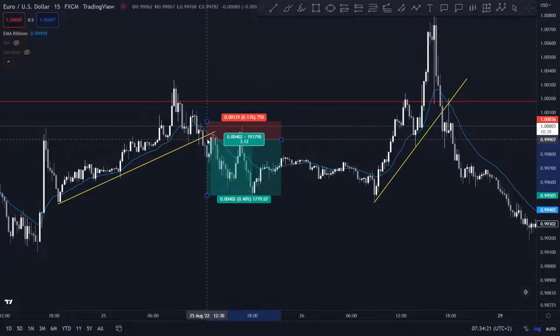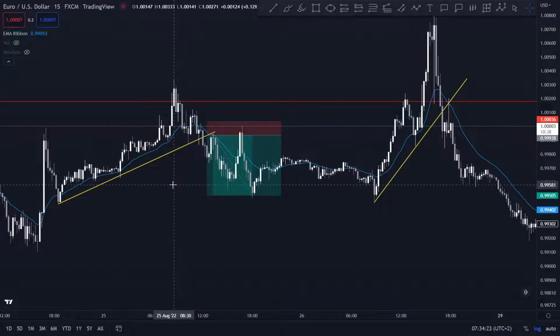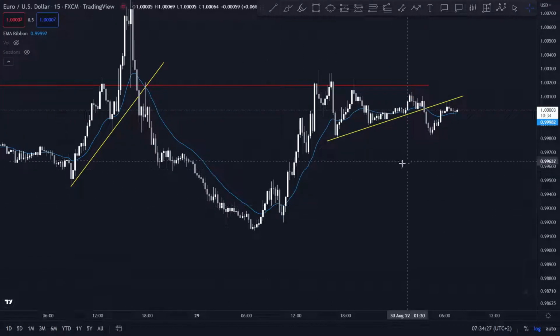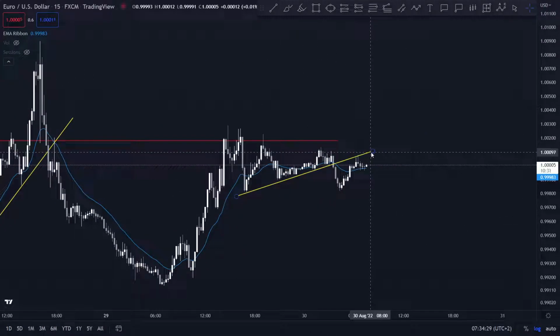If I had my entry here at the retest area, well, that would have been a completely different trade. So I'll try to get an entry up here with a stop loss here.